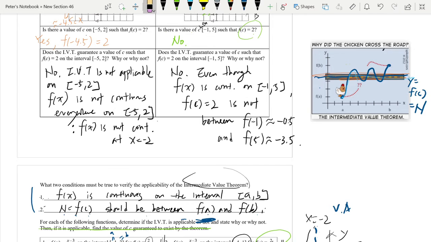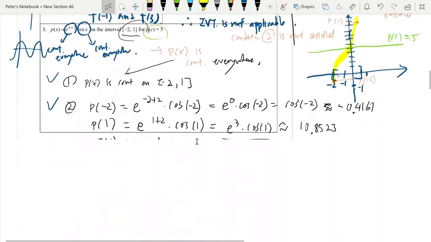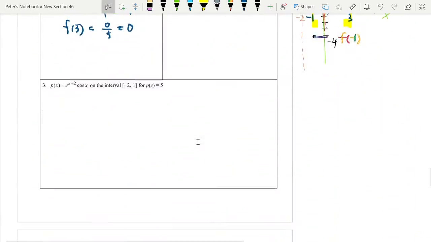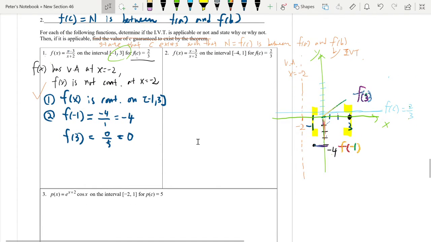Whereas if the point is over here and we're saying continuous, it doesn't necessarily have to, I mean, it could, but it doesn't guarantee that it needs to cross the road. Similarly here too. It could go up and down like that to approach 0 at x equals 3. But it doesn't guarantee it.